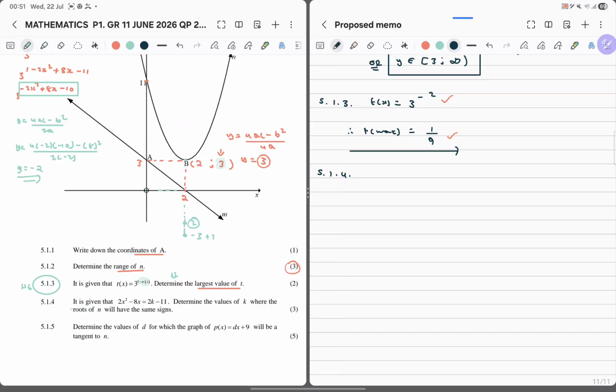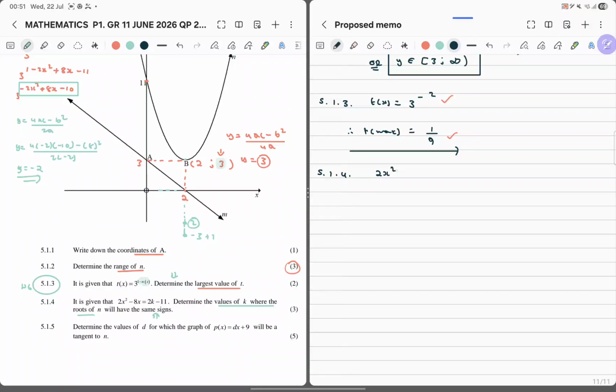Now, if it is given that 2x squared minus 8x plus 11 equals 2k, determine the values of k where the roots have the same sign. So what transformation is this? Let's look at it.